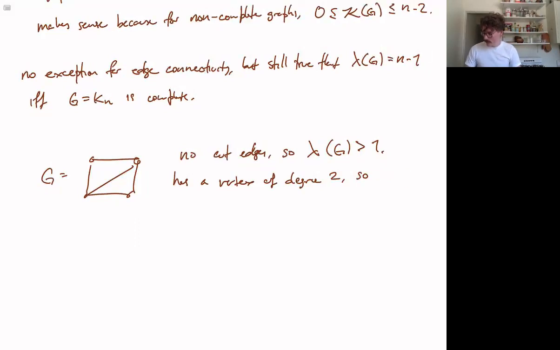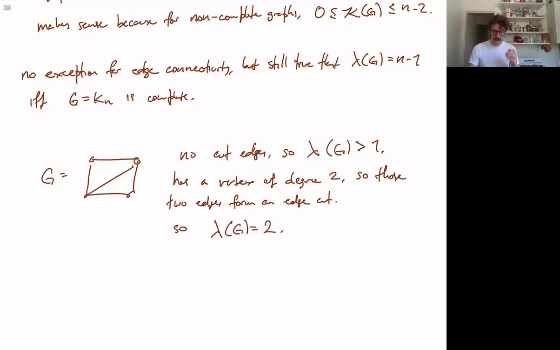Those 2 edges form an edge cut. So because we can't do it with 1 edge, and we can do it with 2 edges, we see that the edge connectivity is exactly 2. Very good.